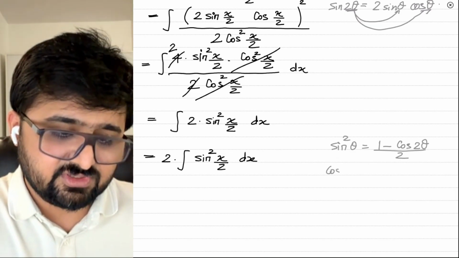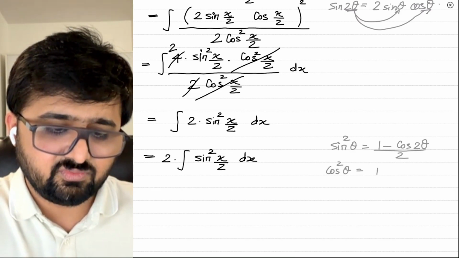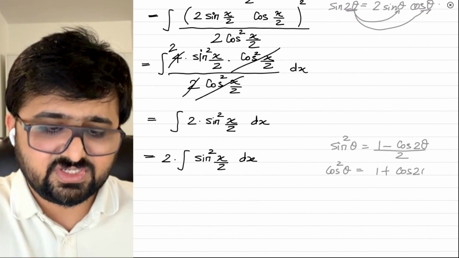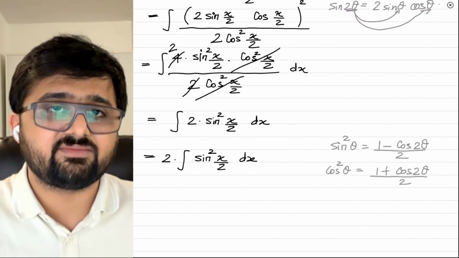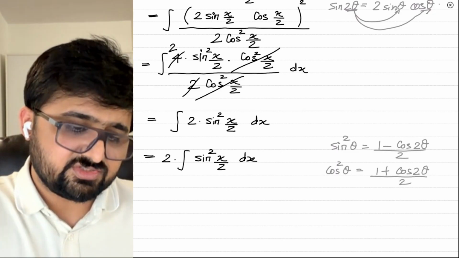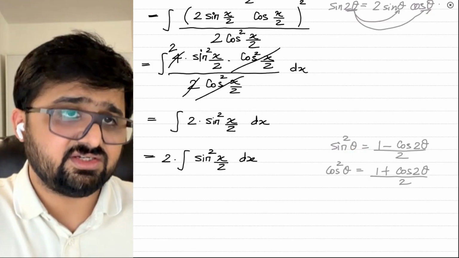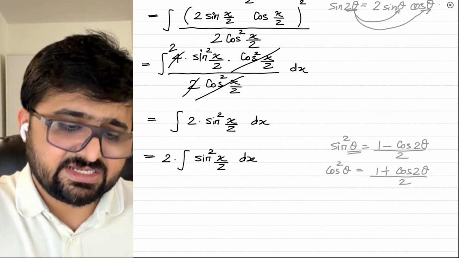Also, just to give you a recap, cos square theta was 1 plus cos 2 theta divided by 2. So we can apply the formula for sine square theta over here. Just note that the angle is double here.